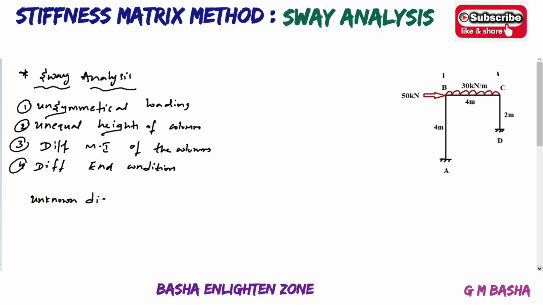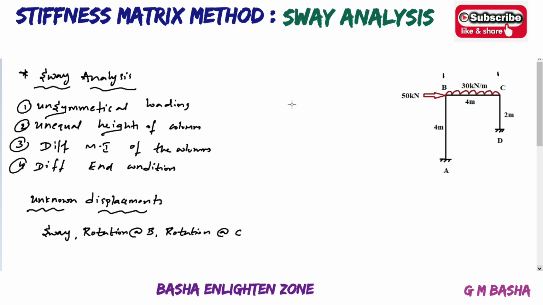The unknown displacements are 3. So what are those? One is the sway, another is the rotation at B, and another is the rotation at C. For example, I will tell you one more thing here.